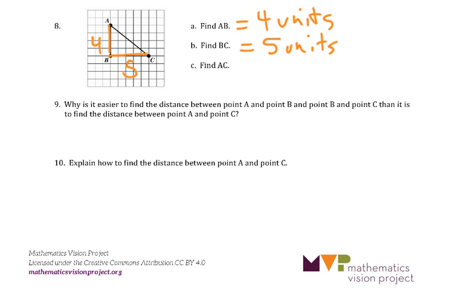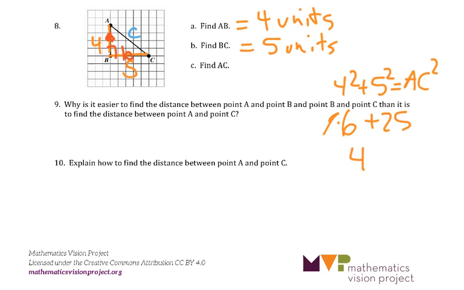Now, for AC, we can't just count, but instead we can use the Pythagorean Theorem. Remember that these two legs, since it's a right triangle, are A and B. The hypotenuse here would be C, the length we want, so I'd go 4 squared plus 5 squared would equal AC squared. 4 squared is 16, 5 squared is 25.